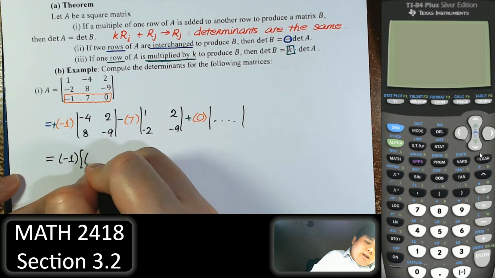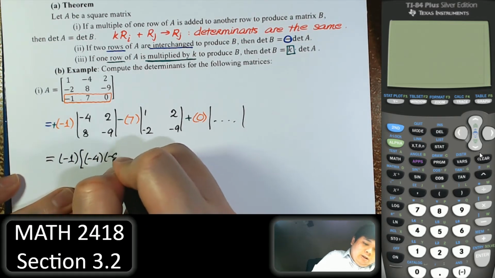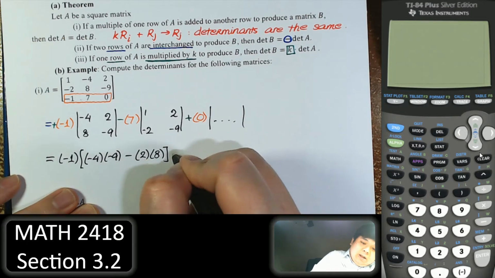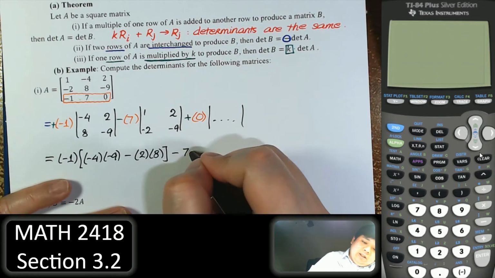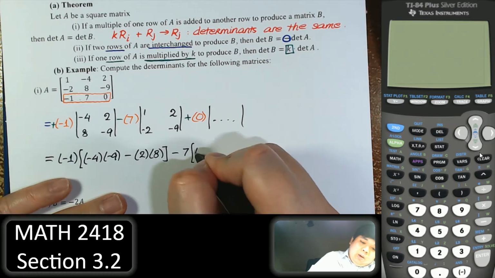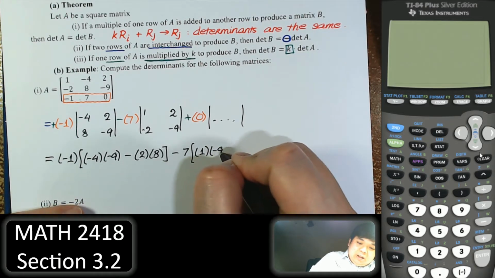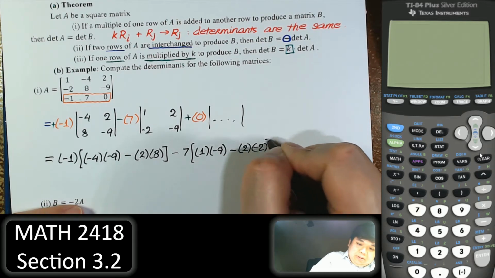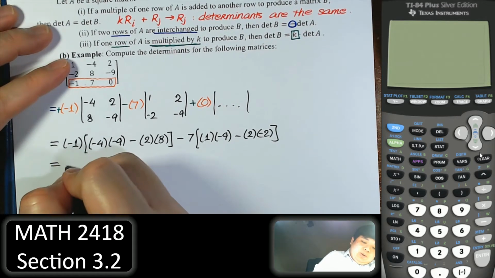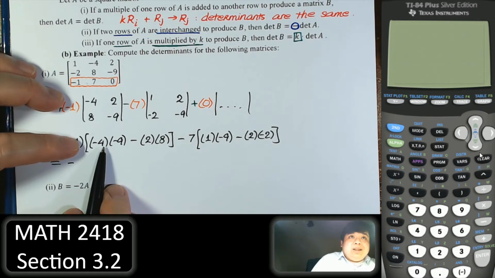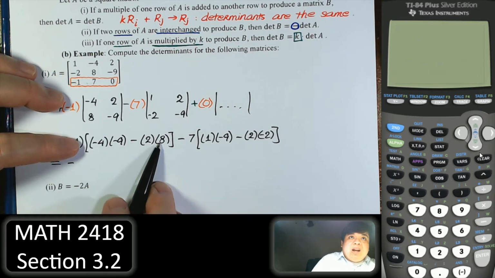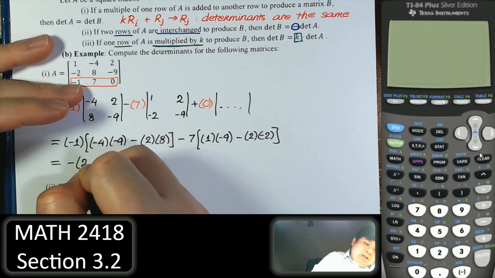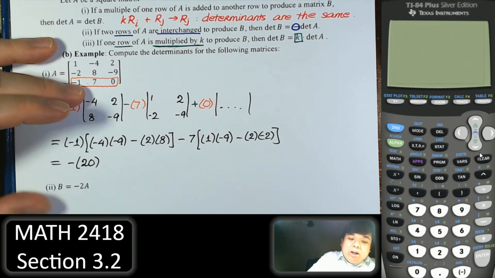So I have -1 times (-4 times -9 minus -2 times 8), minus 7 times (1 times -9 minus -2 times -2). So negative, that is 36 minus 16, 36 minus 16, positive 20.